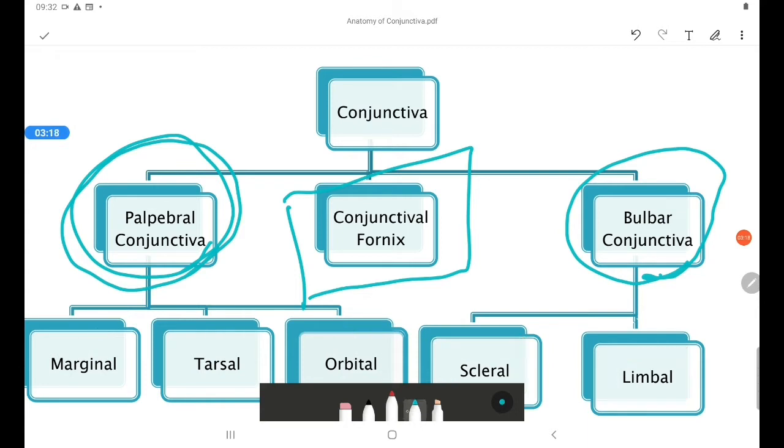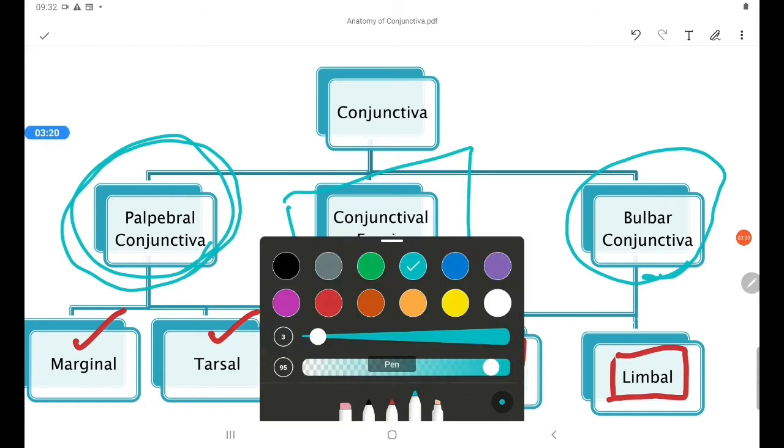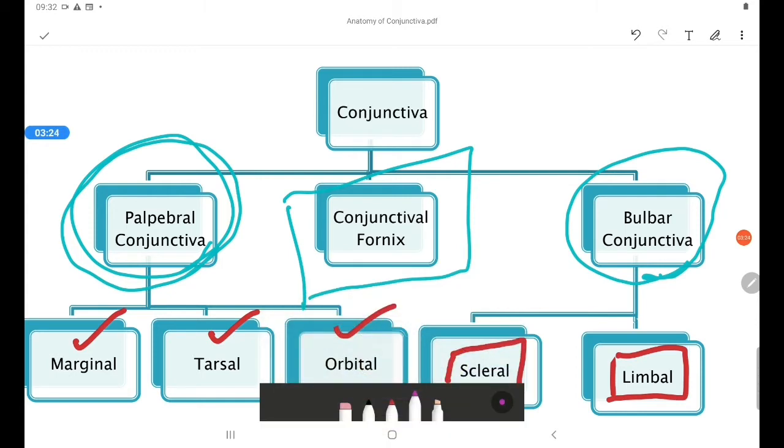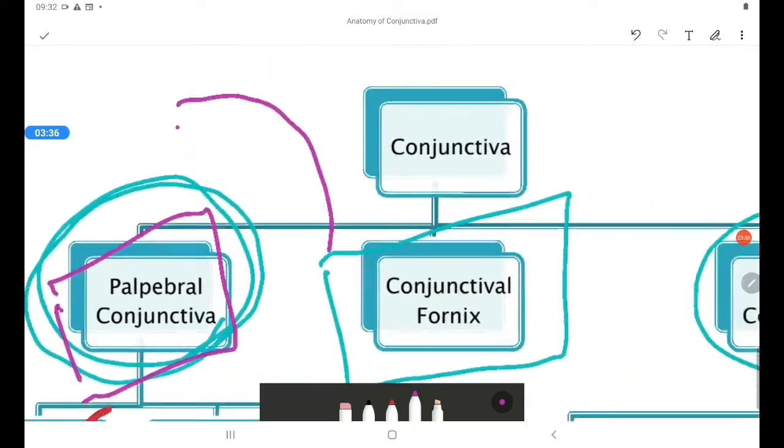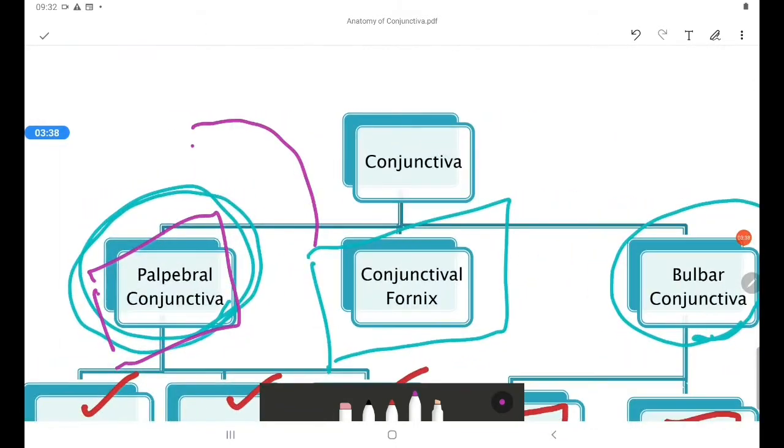So yet again, we should know that the conjunctiva gets divided into an area that is covering up the lid, that is the palpebral.